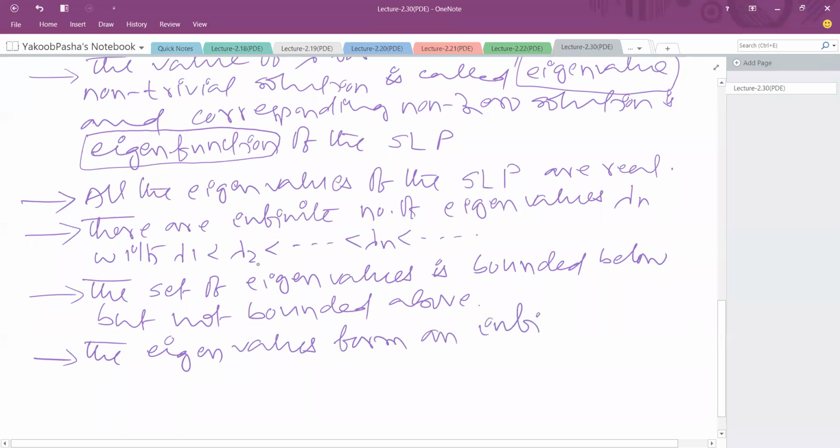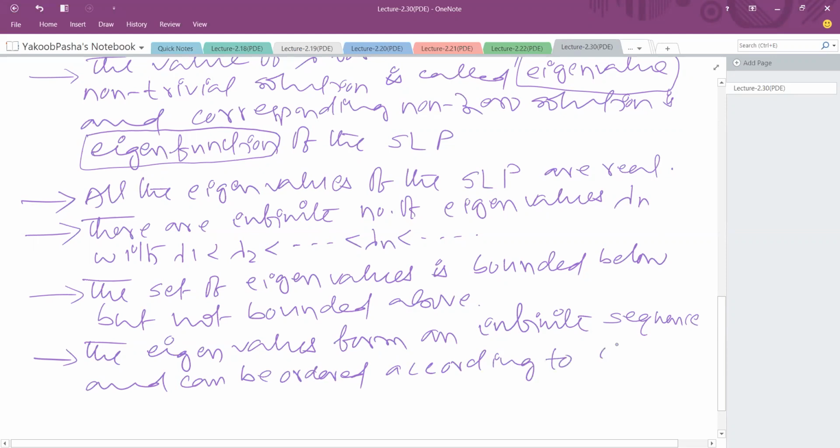That is lambda 1, lambda 2 and so on. An infinite, increasing sequence, which can be ordered according to increasing magnitude.